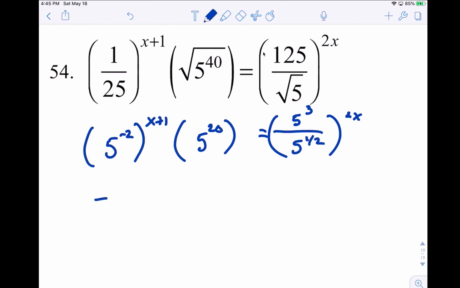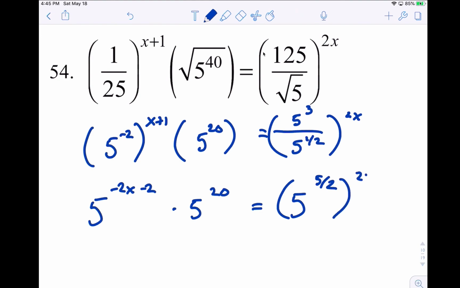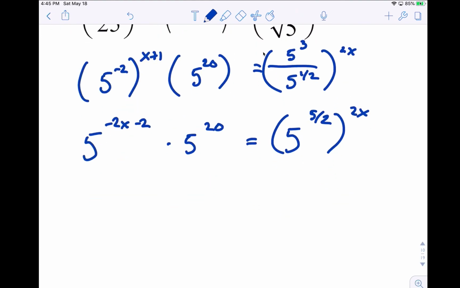So then this is 5 to the negative 2x minus 2 times 5 to the 20th equals 5 to the 5/2 to the 2x, which is then 5 to the negative 2x plus 18 equals 5 to the 5x.